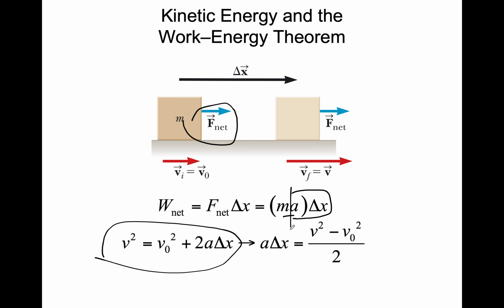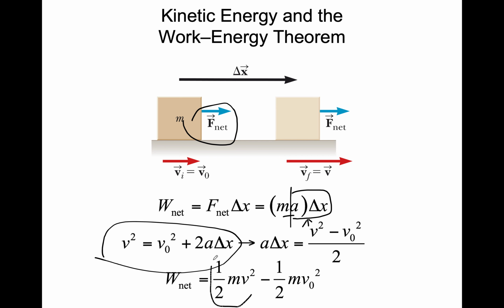And then we replace this a times delta x by the right-hand side. The work done by the net force can be written as 1/2 mv squared minus 1/2 mv0 squared.